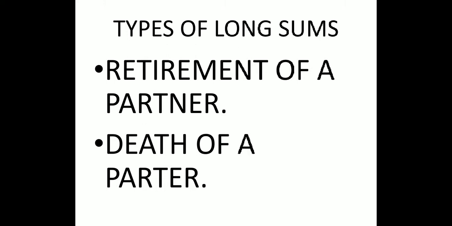In that I have mentioned all the points related to the death of a partner: what are the changes taking place at the time of the death of a partner, how to deal with the amount payable to the deceased partner, to whom it is payable. Of course, not that person, because the person is not alive. Obviously, it is to be paid to the heirs of the partner. The executor's account, executor's loan account.